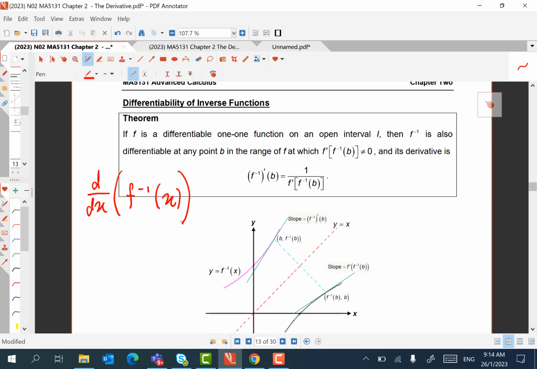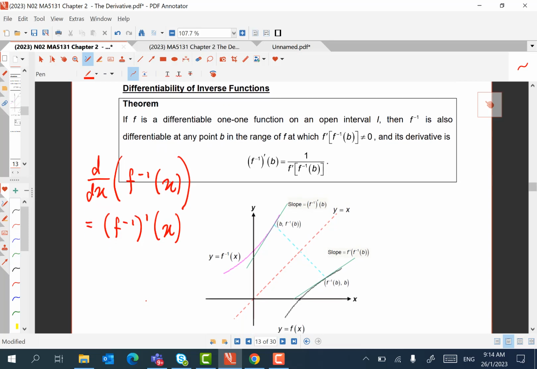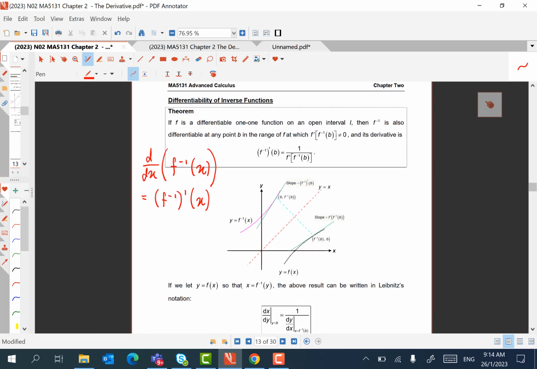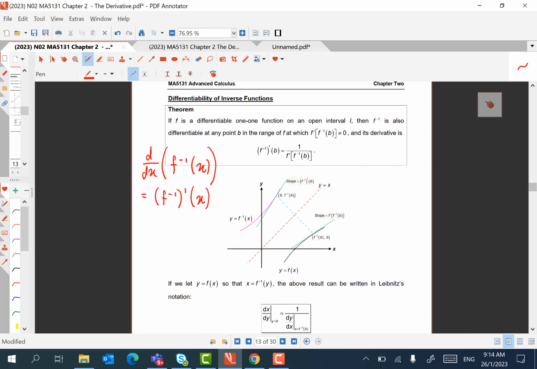Now, the way to go about it is like this. By the way, another way of writing this symbol is to write it like that. To learn how to differentiate the inverse function, this section of the notes tries to say a lot, but maybe we want to cut short by starting off with the blue color.